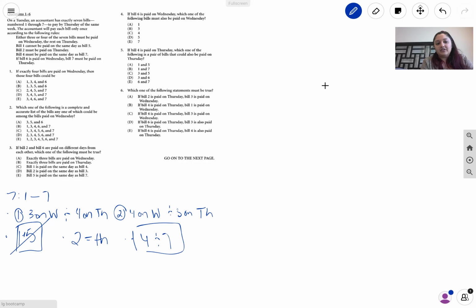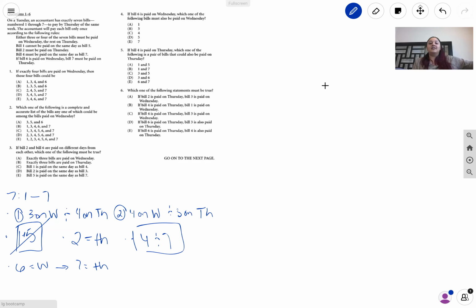Okay. And our last rule: if bill 6 is paid on a Wednesday, then 7 must be on a Thursday. And if that's the case, what else do we know is also on Thursday? So does that mean if bill 6 is on Thursday, then bill 7 is on Wednesday?